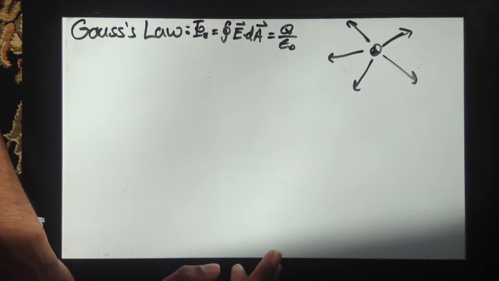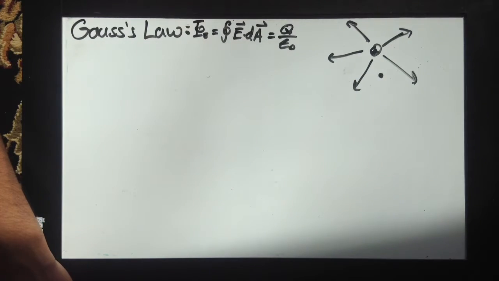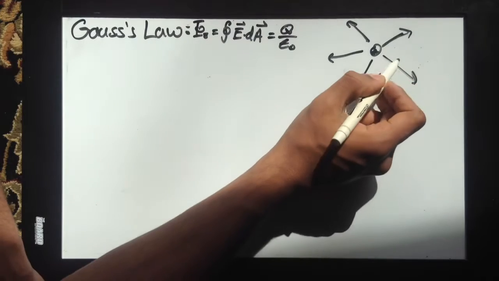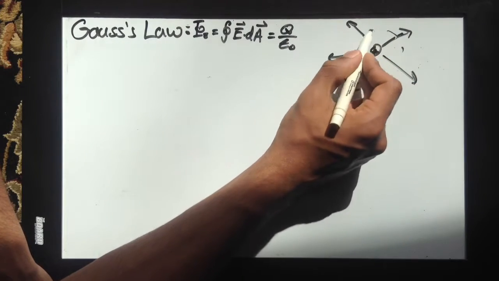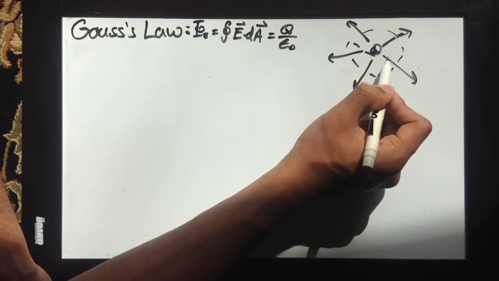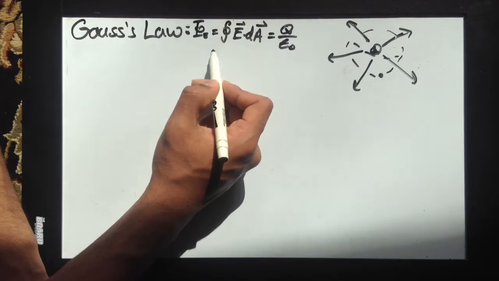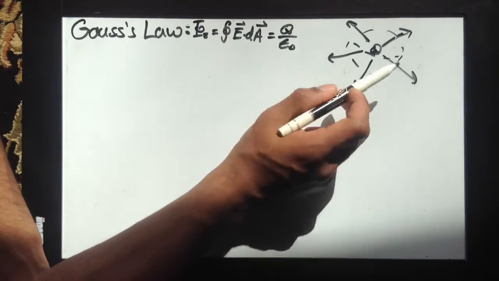Now, if we're trying to find the E-field at, say, this point, you would draw in a Gaussian surface that goes through that point. So if you drew a sphere here, this formula will tell us the total amount of E-field lines that go through this entire sphere.